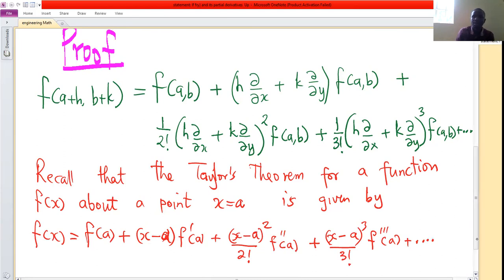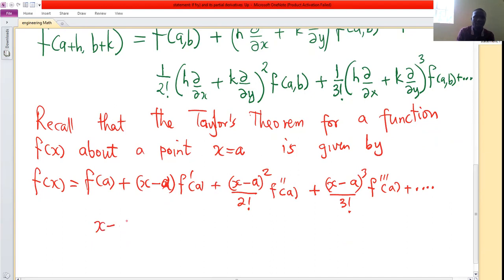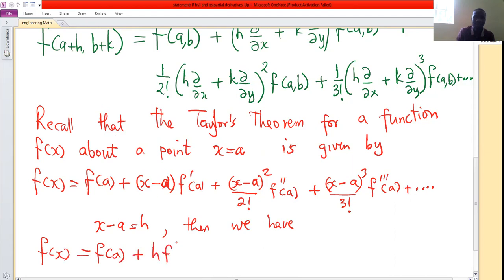And when we fix x minus a to be h, then we have f of x is equals to f at a plus, so this would be h, f prime at a plus this would be h squared over 2 factorial, second derivative of the function at a plus this will be h power 3 over 3 factorial, third derivative of the function at a plus other several terms.